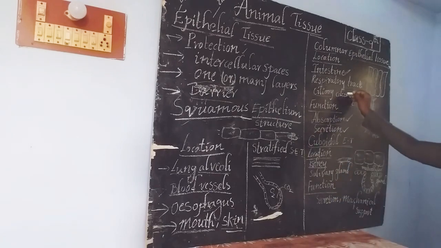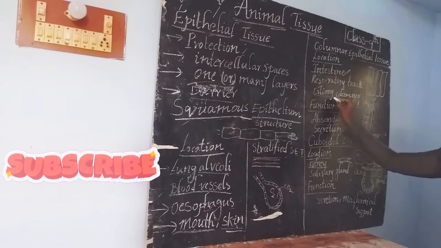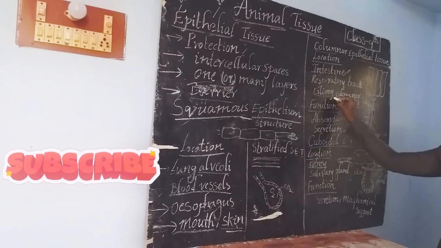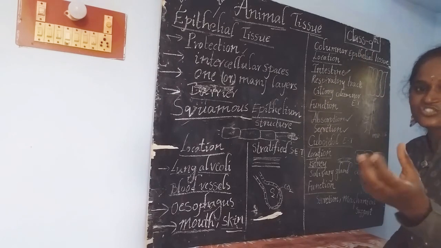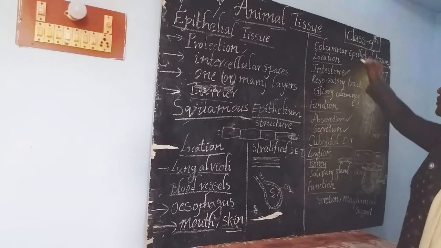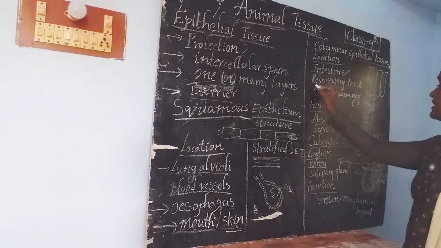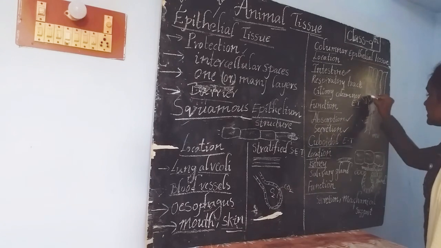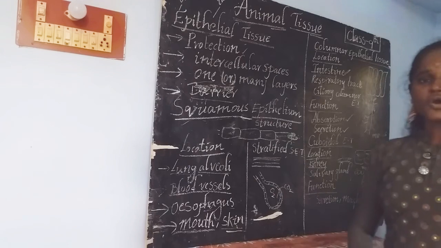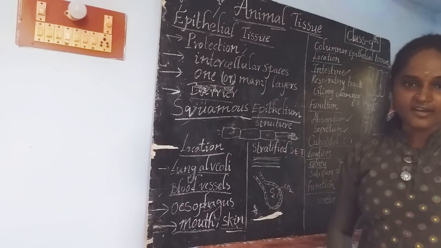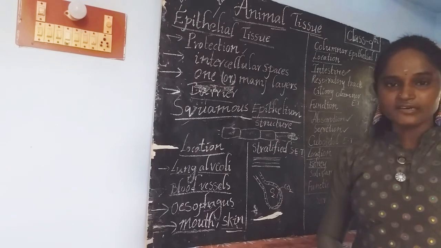If we talk about the respiratory tract, the columnar epithelial tissue there contains some hair-like structures on its surface, and those structures are called cilia. Why does it contain cilia?